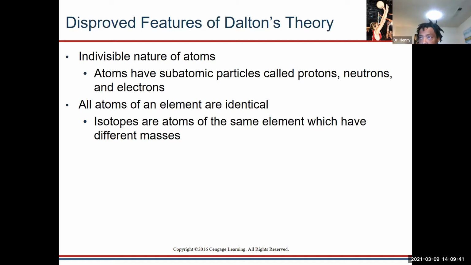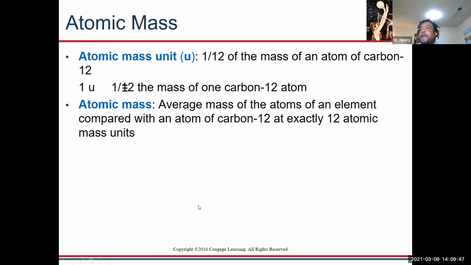Good. So that brings us to atomic mass. The atomic mass is based upon carbon-12, and it represents the mass of the atoms of each element in comparison to each other.